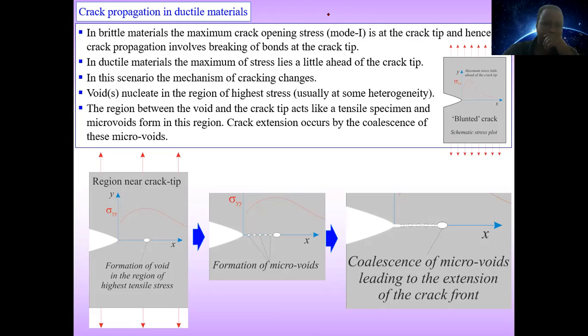So in ductile material, the maximum of stress lies a little ahead of the crack tip, as we have discussed. So it is here, ahead of the crack tip. The crack tip is here. Here it is a blunt crack, and we can observe stress ahead of the crack. So in this scenario, the mechanism of crack changes.